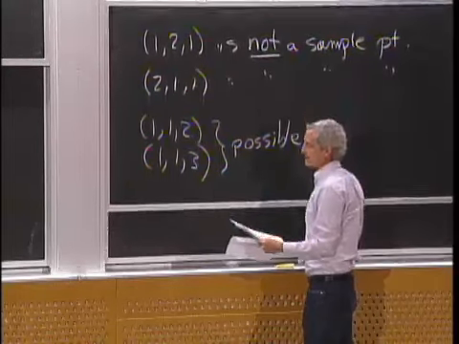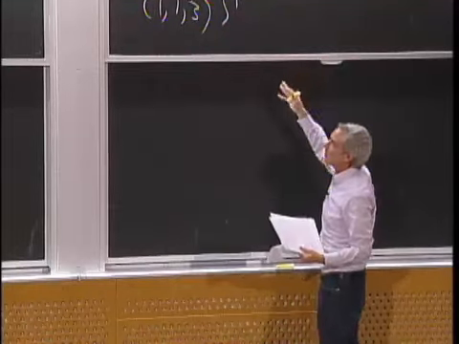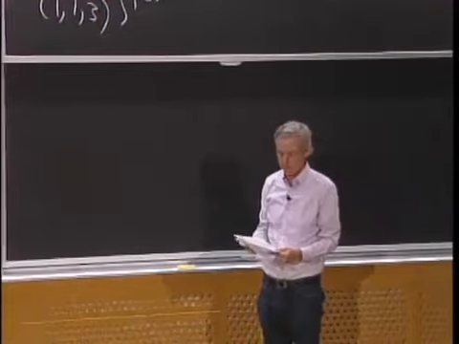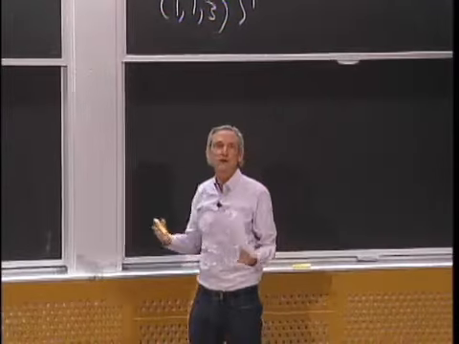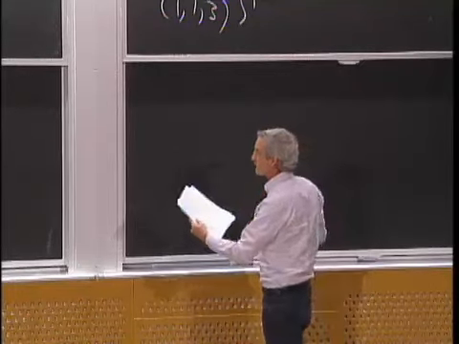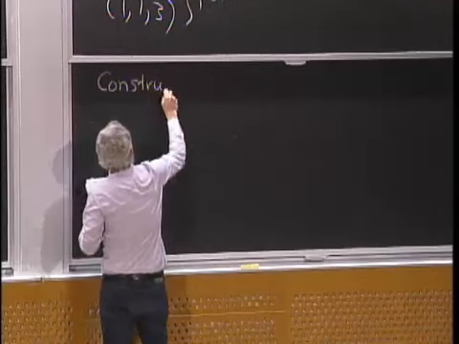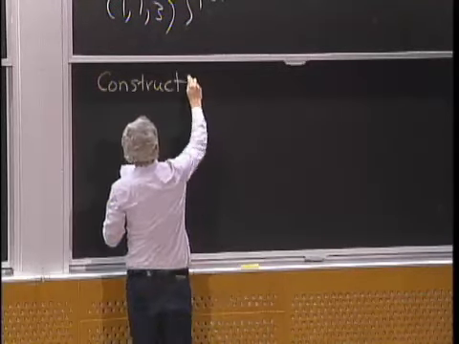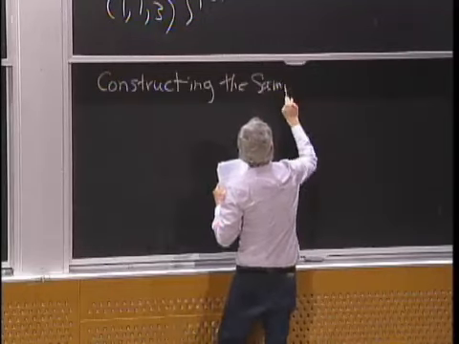All right. So let's figure out a nice way of characterizing all outcomes in the sample space. To do this, we're going to set up a tree. We're going to use what's called the tree method to construct the sample space, getting all the outcomes.